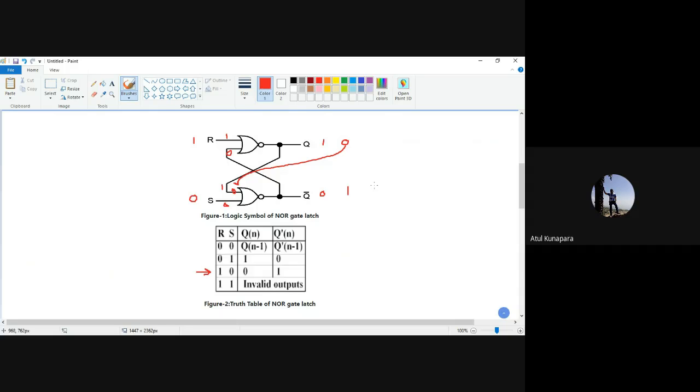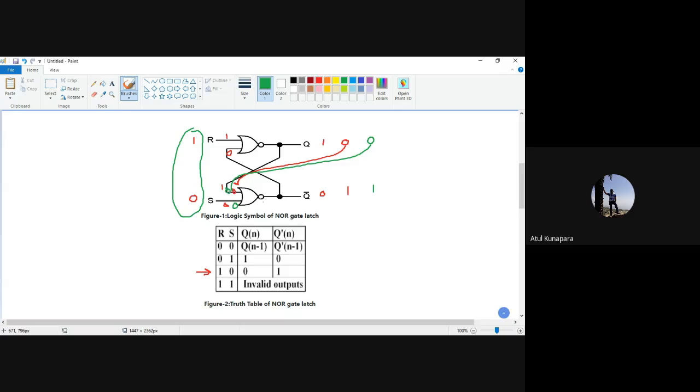Are you getting it? And if previously, before you applied this condition on R and S input, it was already 0 here and already 1 over here, then what will happen? This 0 which you are giving here to the S and this 0 will come here.